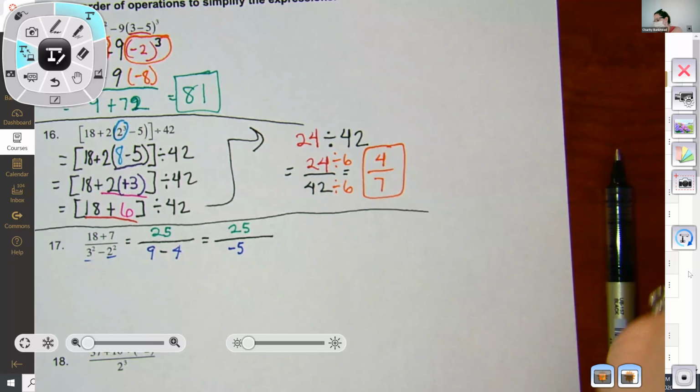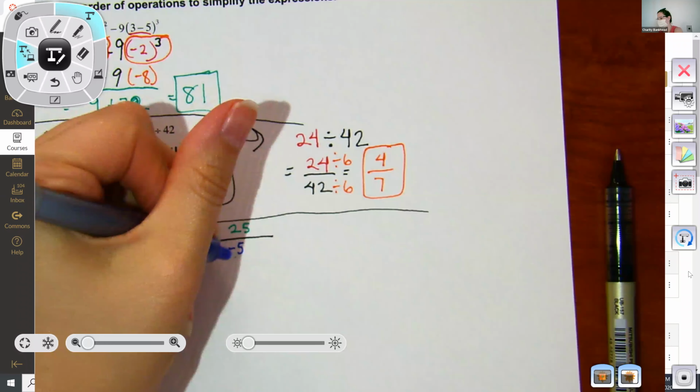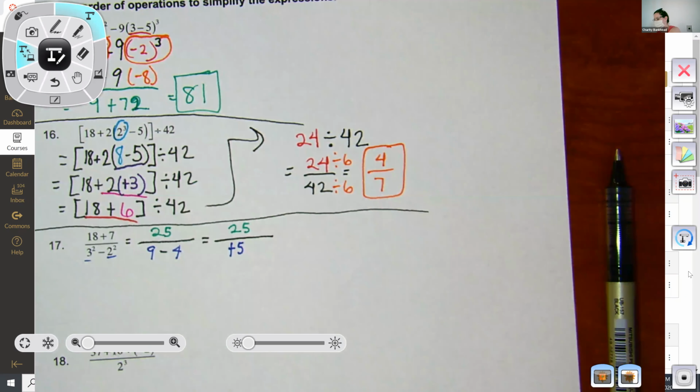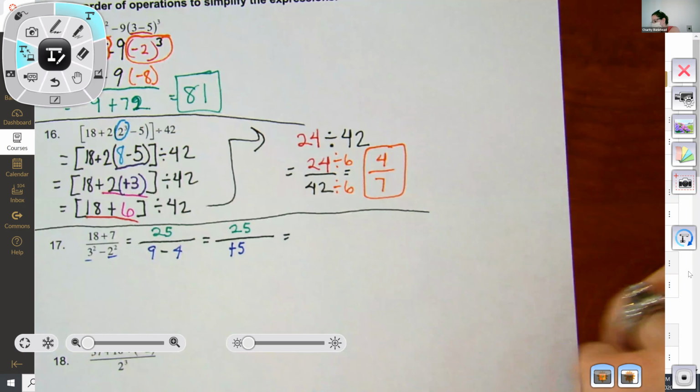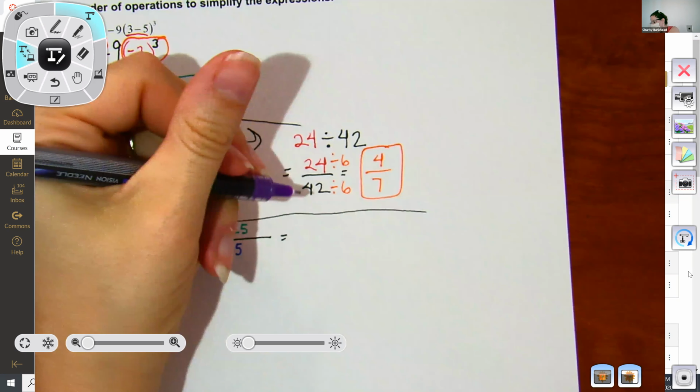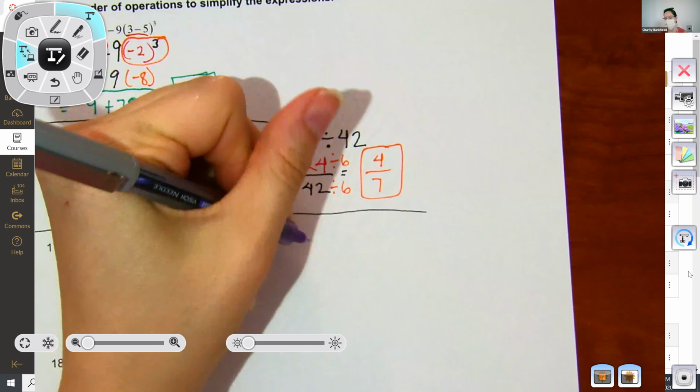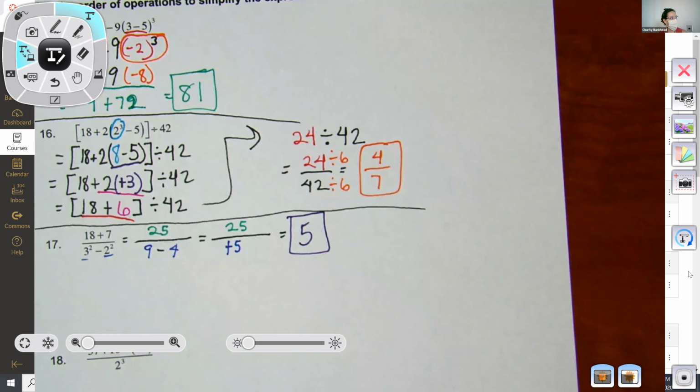Your brain gets obsessed with negatives at a point, I guess. It happens. All right, so 25 divided by 5 is 5.